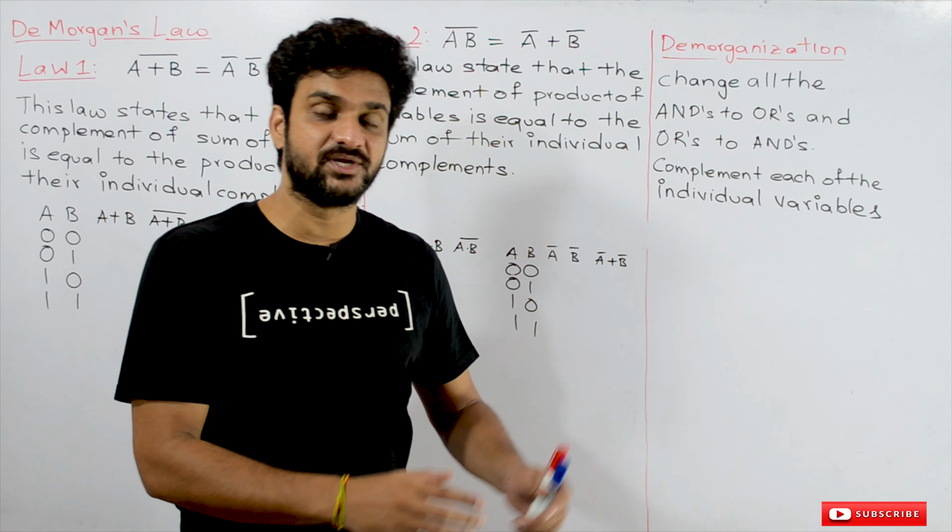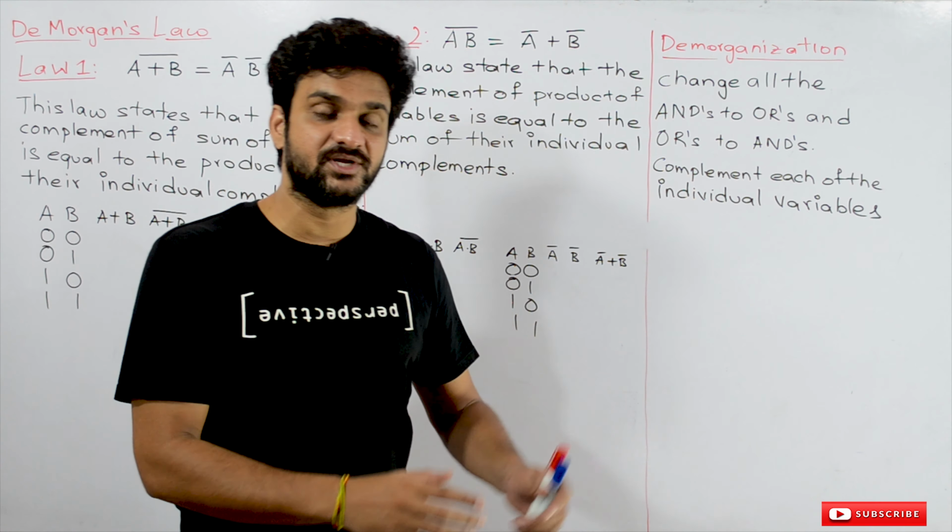Similarly, in the other table, we have to find the a complement. A complement is 1 1 0 0, b complement is 1 0 1 0. Now a complement dot b complement is 1 0 0 0. So if you see this, (a plus b) whole complement is equal to a complement dot b complement.